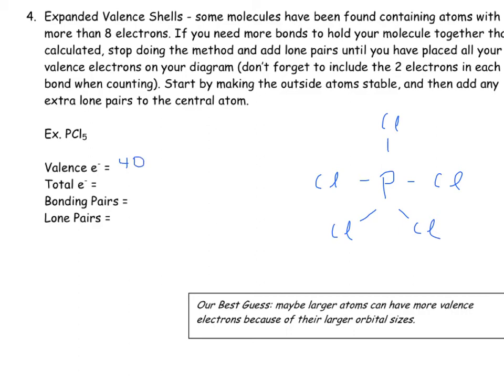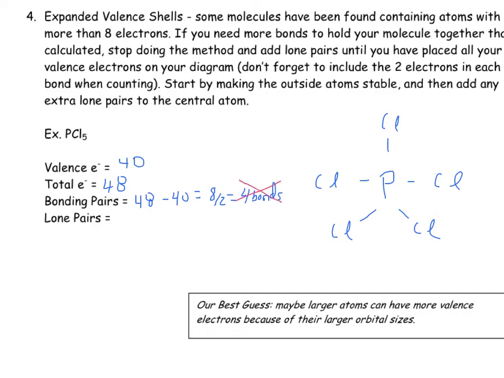Total, I have 6 atoms, they each want 8 electrons, that gives me 48. For bonding pairs, if I subtract those two numbers and divide by 2, that gives me 4 bonds. But I've already placed 5 on my diagram. That's my clue that I have an expanded valence.